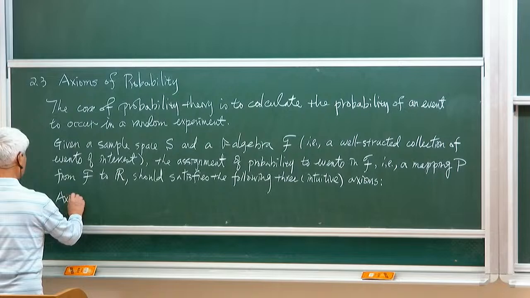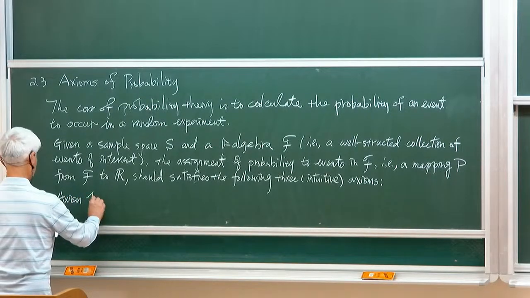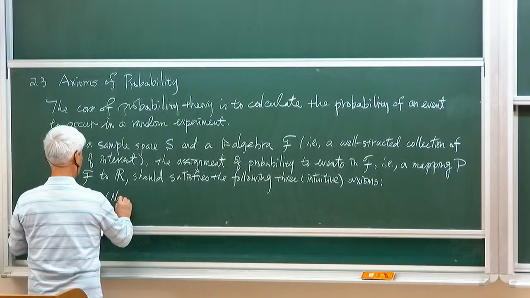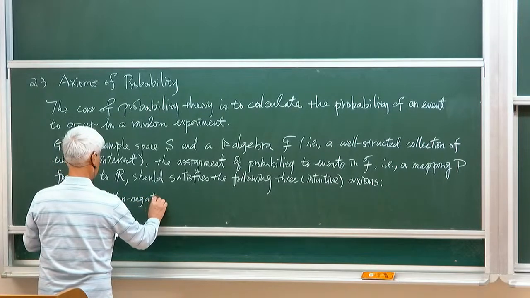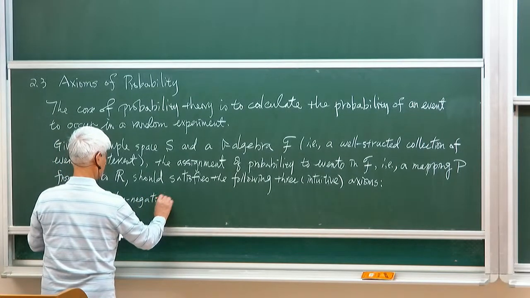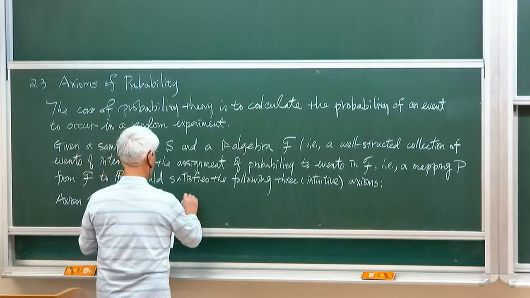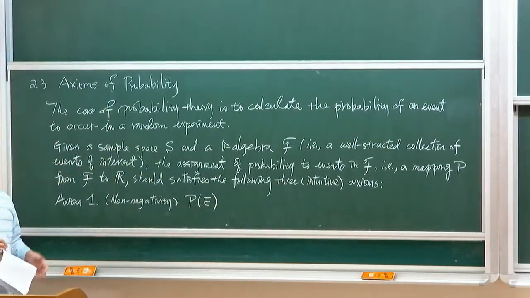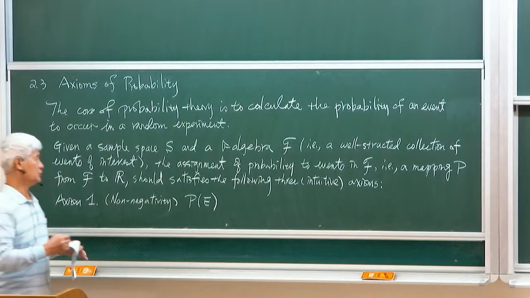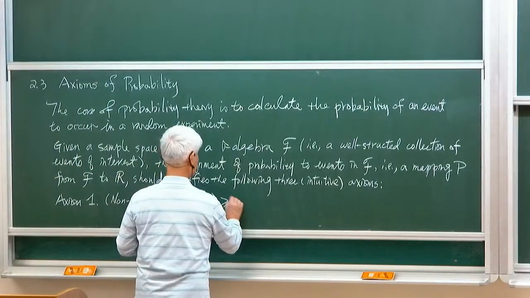Axiom number one is what we call the non-negativity axiom, which says that the probability assigned to an event E should be non-negative.